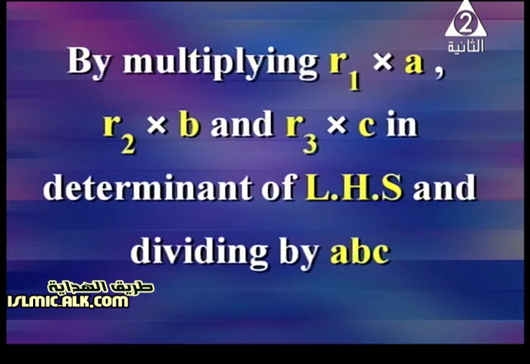By multiplying the first row by a, second row by b, third row by c in the left hand side determinant, and dividing by a, b and c.